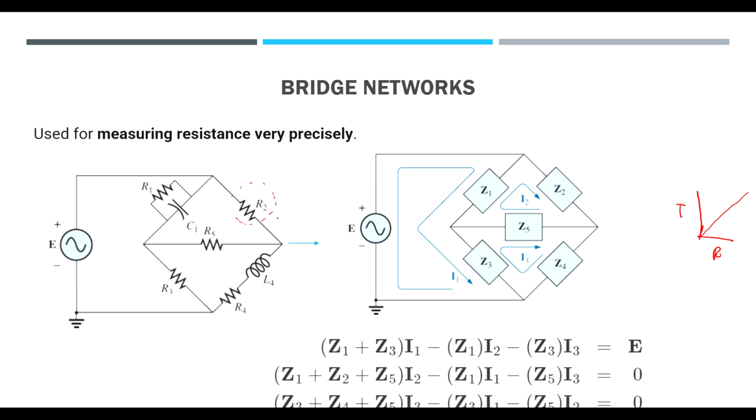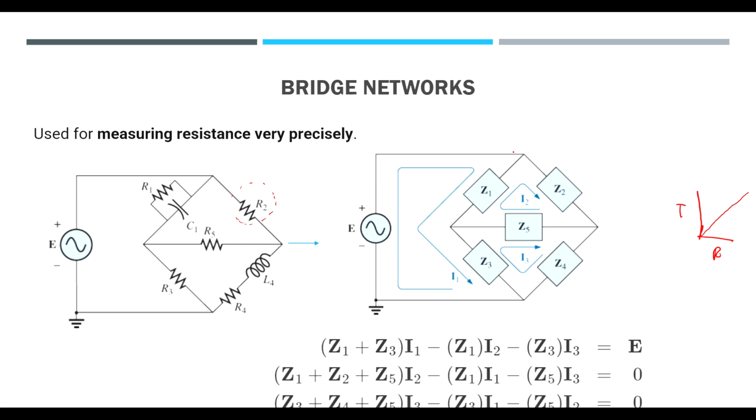Of course, that is more useful for DC applications, but in AC you can still have this configuration, and the same thing applies for AC. In this particular case, it's easier to do a mesh analysis because you have a first mesh, second mesh, and third mesh, with three unknown currents. For mesh one, you go from negative to positive, so the source is a positive voltage.